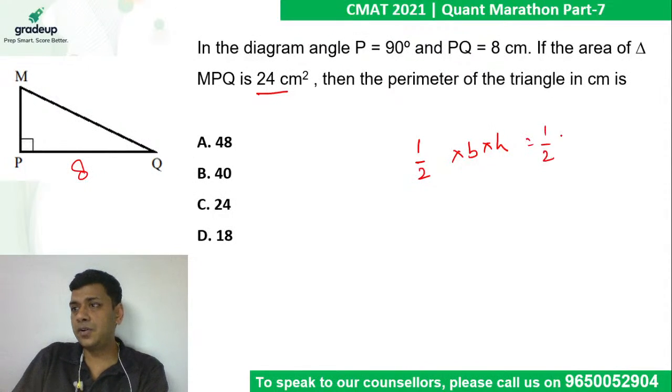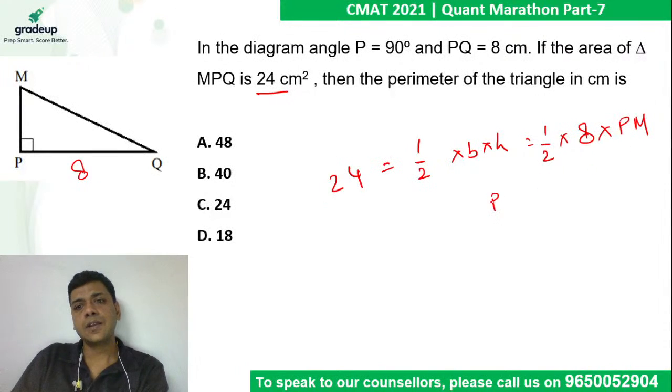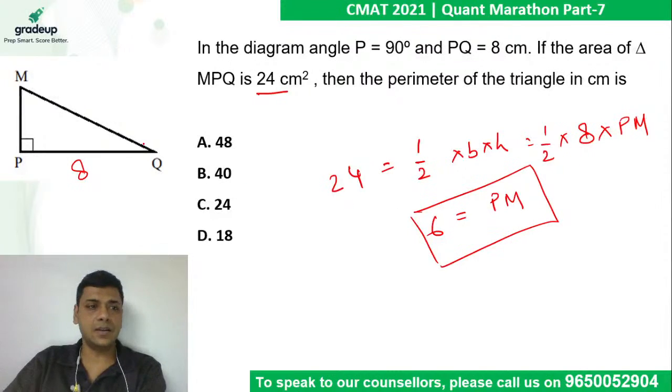So half into 8 into PM equal to 24, which means PM equal to 6. If PM equal to 6, then this is 6. Now if this is 6, this is 8, the third side has to be 10 from the Pythagorean triplet, and hence the perimeter is 6 plus 8 plus 10, which is 24. That's my answer.